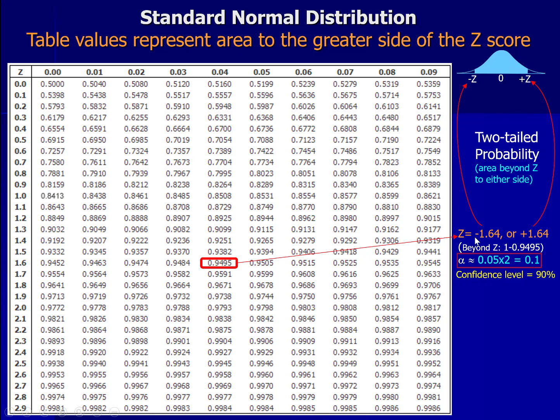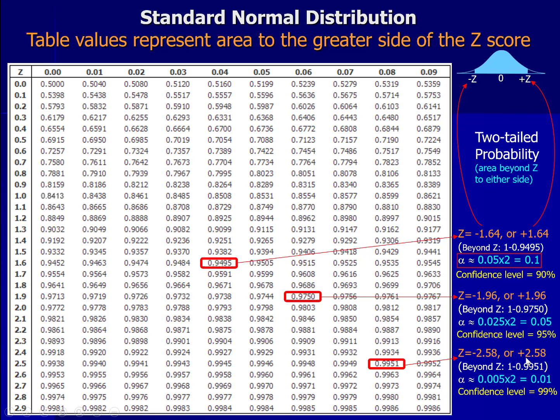So by this, if we use this one for the interval, not only one side, we aim for a confidence level of 90%. If 1.96, we aim for 95%. And if 2.58 is used, we aim for a confidence level of 99%.